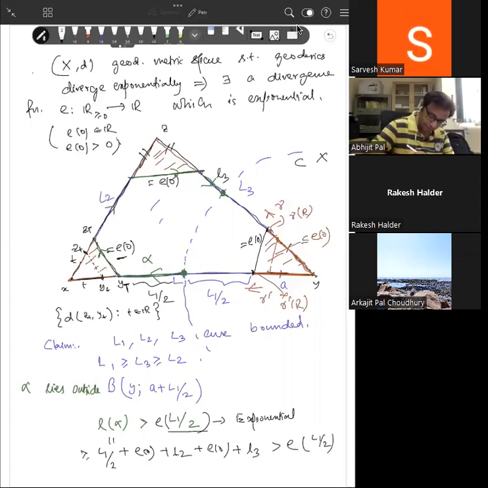So in the next step, E of L1 by 2 is less than L1 by 2 plus E naught plus L2 plus E naught plus the small L3, which you can replace by capital L.